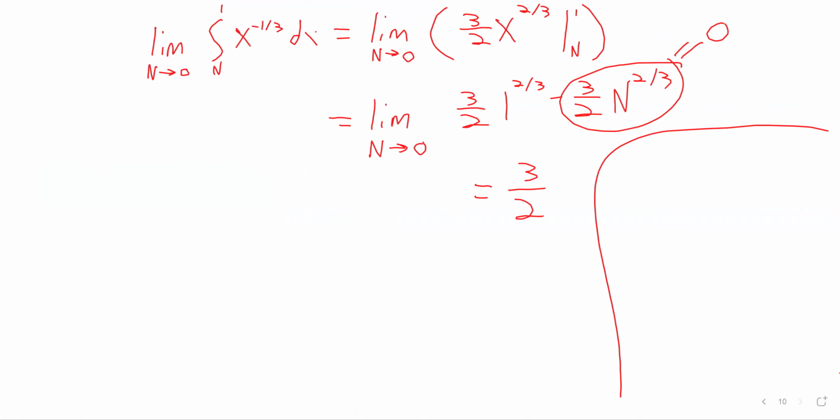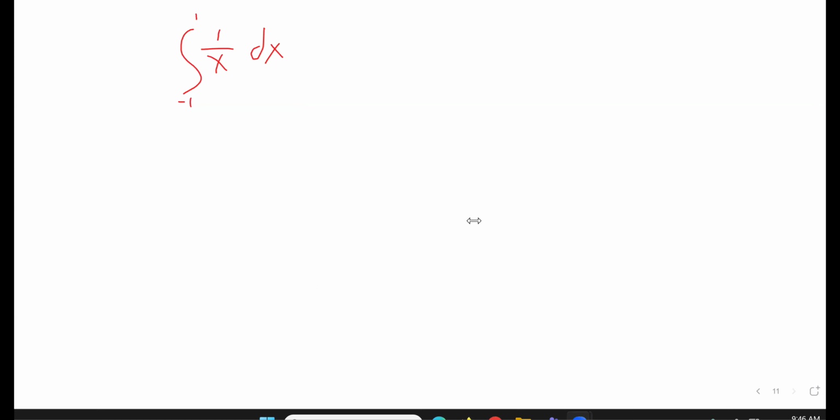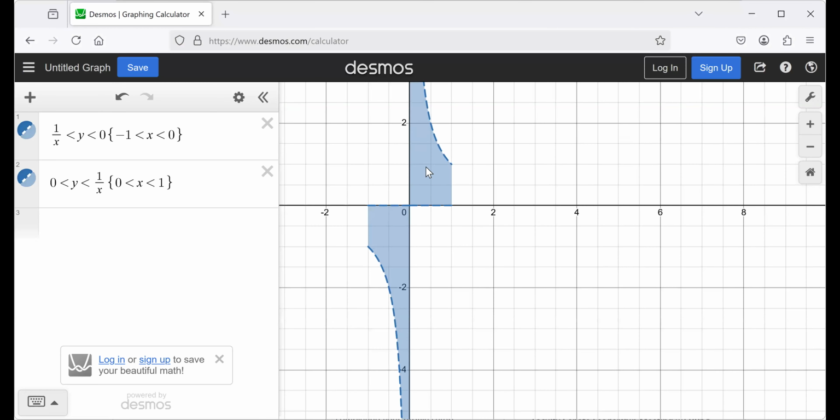The integral from -1 to 1 of 1 over x dx. If you look at the graph, it really looks like this ought to be 0. Exact same thing. This positive region and this negative region are identical. They should be canceling each other out. You ought to be getting 0.